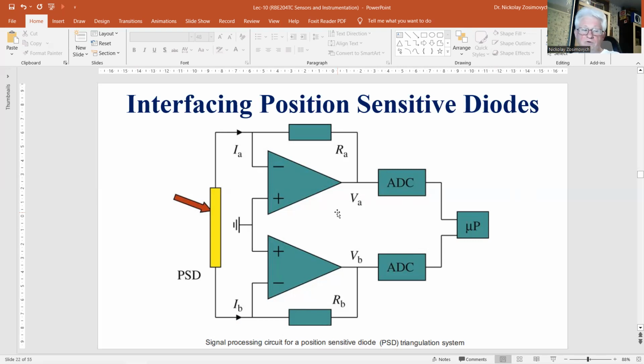Next, the output voltages are converted into digital signals by two ADCs. All mathematical operations according to the equation are performed by a microprocessor.